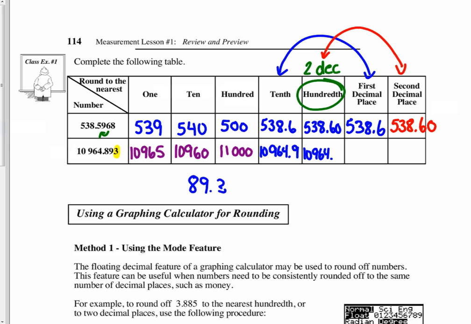So if it's 4 or less, it stays. And then first decimal place is the same thing as that one. 2 decimal places, same as that one. Right, same thing.